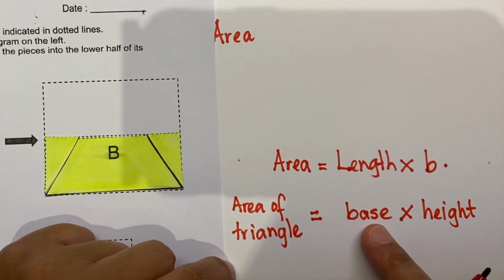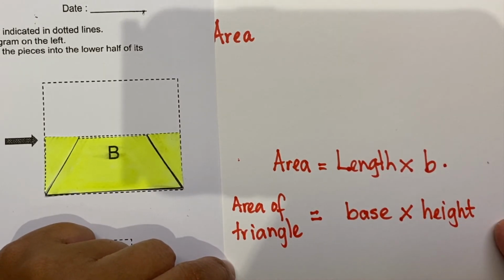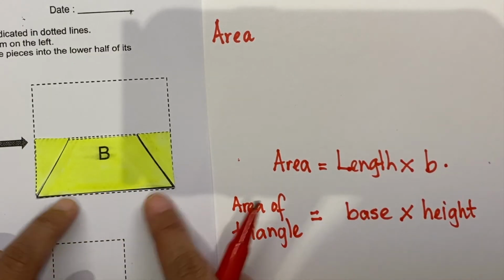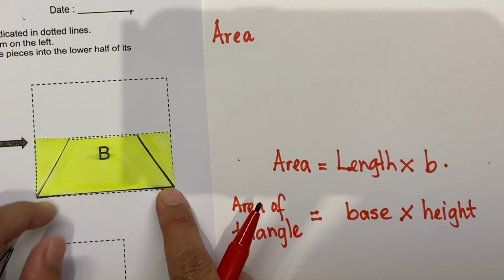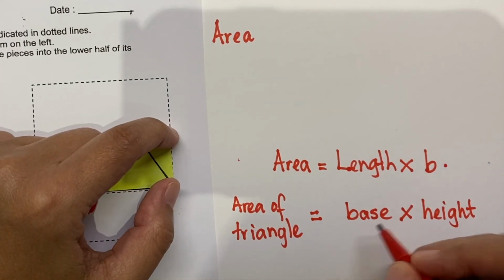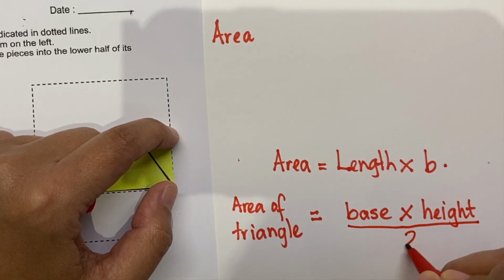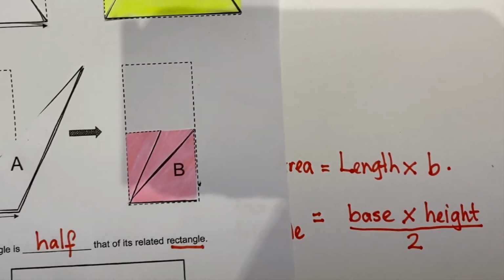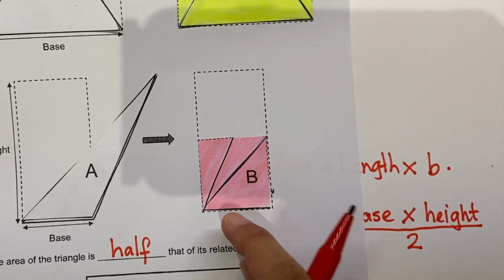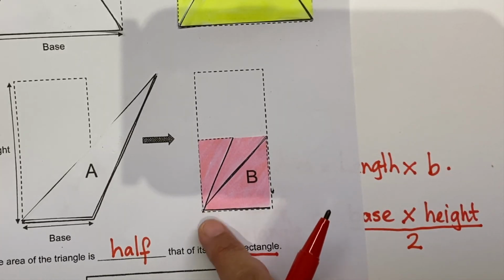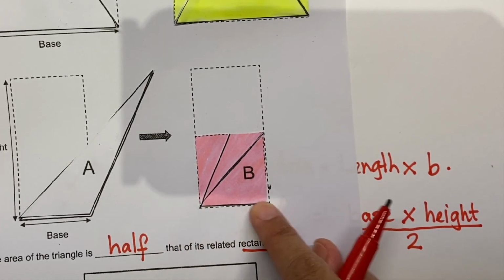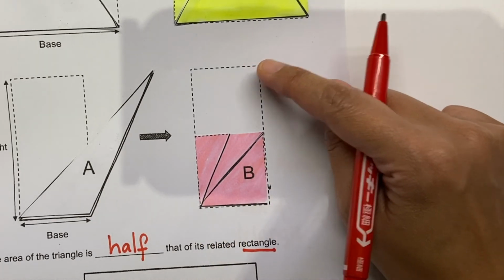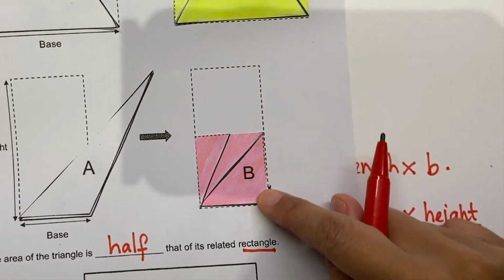So it has to be base times height of the triangle divided by 2. Same thing here. In this case, you have the base of the triangle times the height of the triangle.